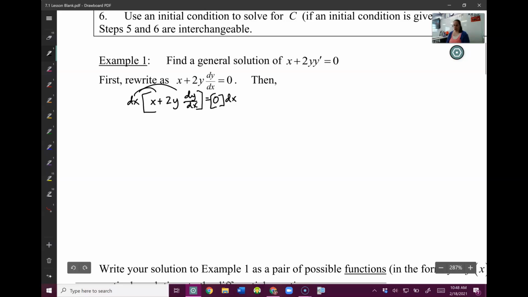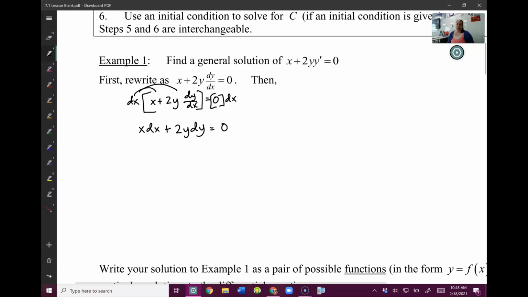Now this one I have to distribute, so I'd get x dx plus 2y dy, because those dx's would cancel, equals 0 times dx is 0. So now I've separated the dy and the dx.